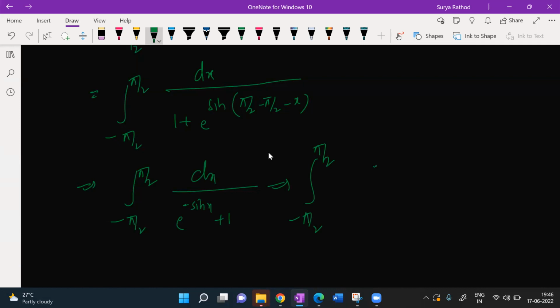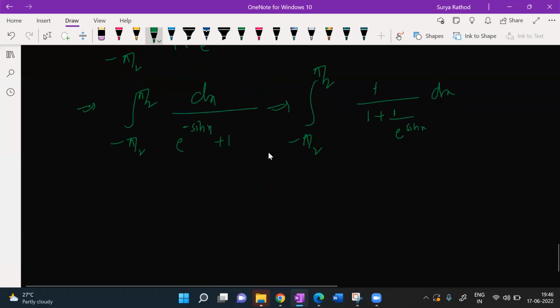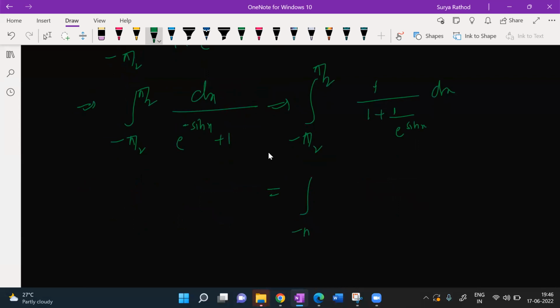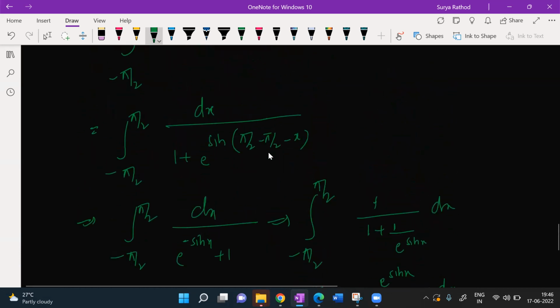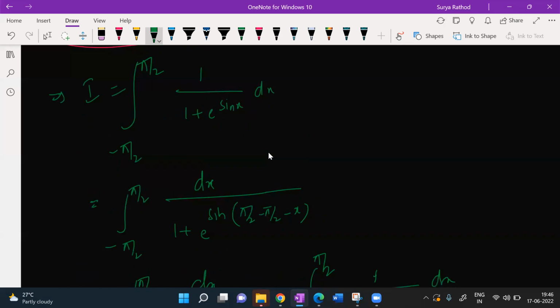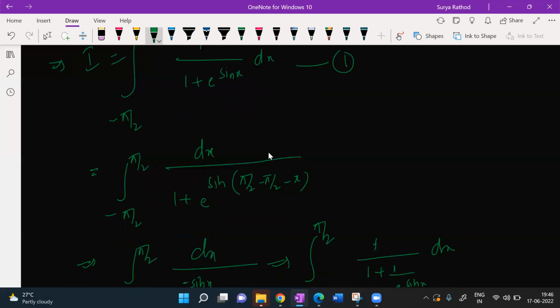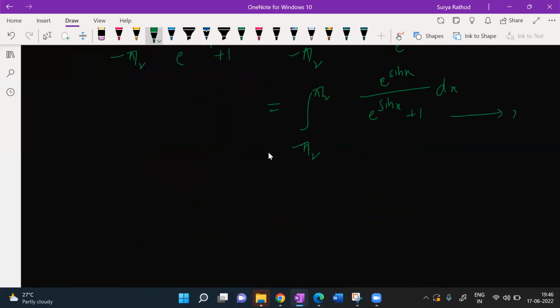So here what happens? 1 divided by 1 plus 1 by e to the power of sin x dx. The 1 by e to the power of sin x plus 1 will be shifted to the numerator as the denominator gets reciprocal. You will get it like this, right? Now, if you observe this properly, beta, this was my first equation. Let me consider this as the first equation and this as the second equation.